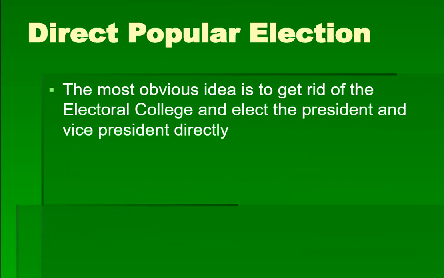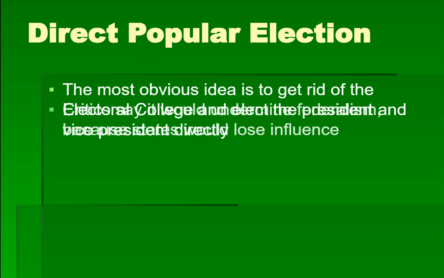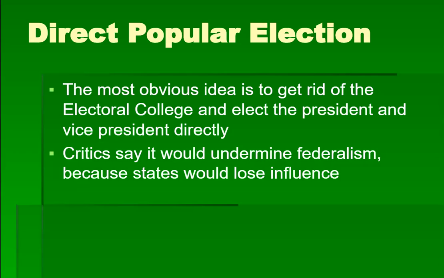Direct popular election. Now, the most obvious idea is to get rid of the Electoral College entirely and elect the president and vice president directly. Critics say this would undermine federalism because the states would lose influence. It would no longer belong to the states in choosing the president. And as a result, smaller states and states with less people would effectively be always outvoted by larger states.